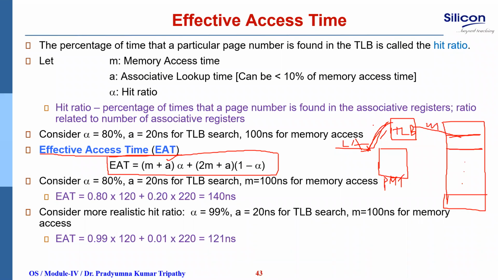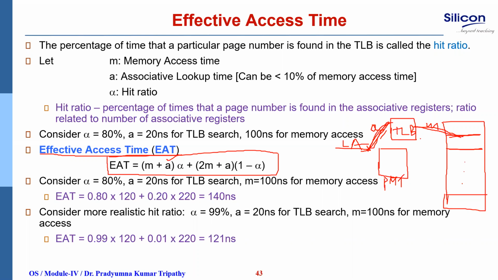This is M and this is A, correct? So A plus M. Are you getting what I'm saying? This is A amount of time to access the TLB and M amount of time to access the memory. So A plus M, if it is found in the TLB.